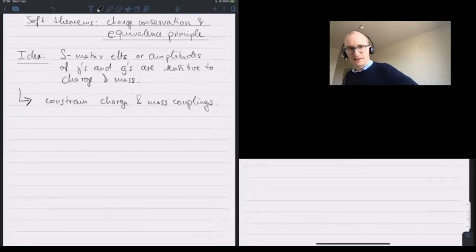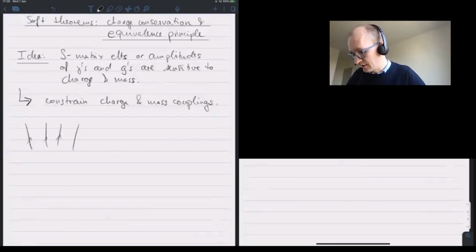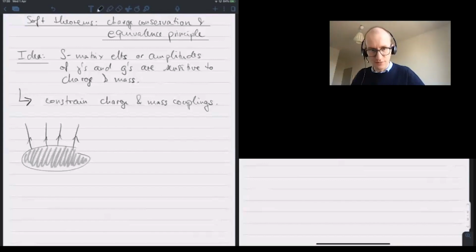And the basic, let's say, technical crucial point that we're going to pursue is the following. We're going to start with some arbitrary process. So we have some outgoing particles. These can be a bunch of charged particles or whatever you want, but they're not necessarily photons or gravitons. They're just the particles that these couple to. And there's some scattering process, so some kind of S-matrix element.